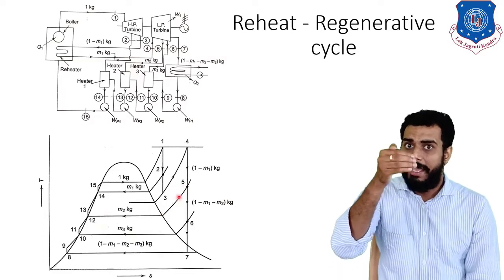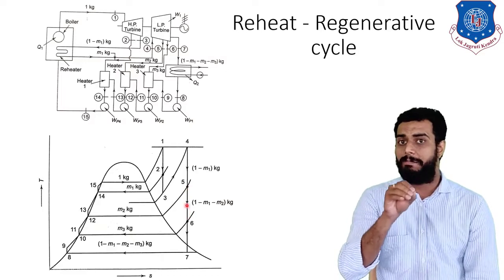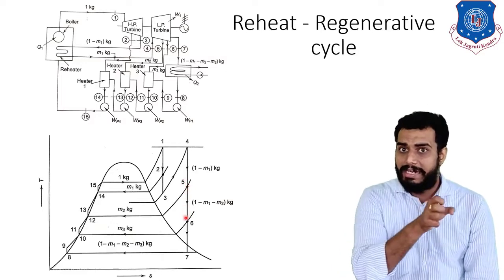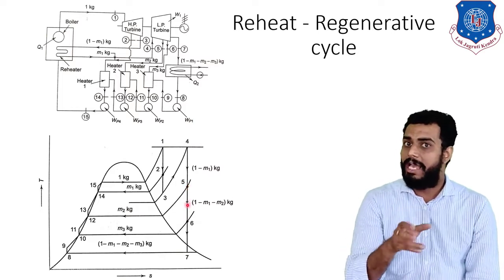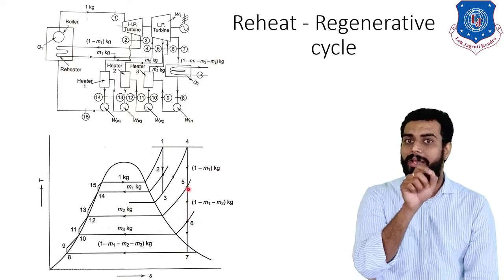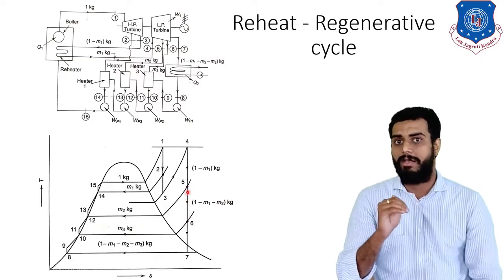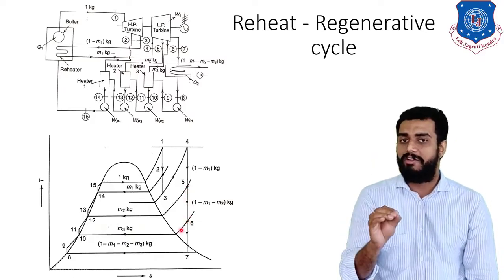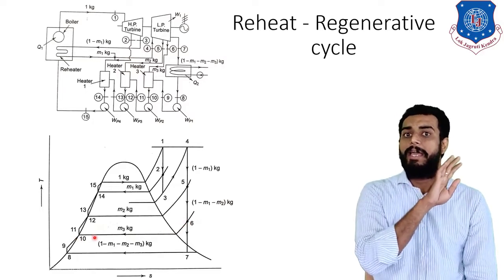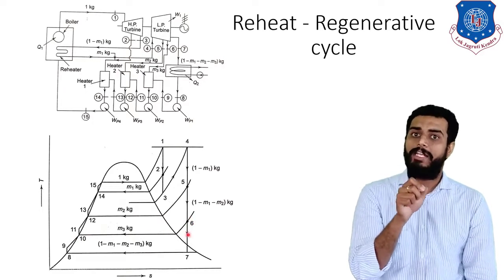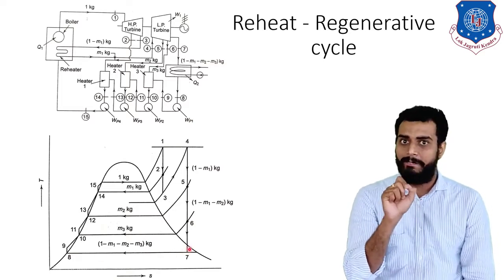That will be further expanded, and then at another intermediate point, that is point number 6, we will extract m3 kg of steam. So now what we are left with? We are left with 1 minus m1 minus m2 minus m3 kg of steam, that will be expanded from point 6 to 7. Remember, during 6 to 7, 1 minus m1 minus m2 minus m3 kg of steam will be expanded. Okay, now point number 7 is the inlet of the condenser, that is wet steam, right?